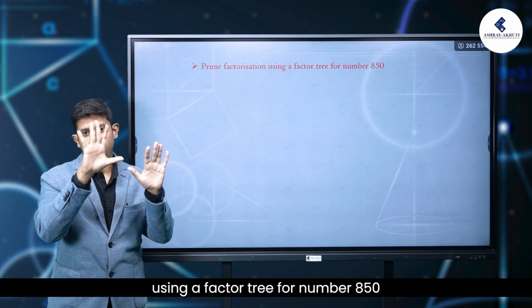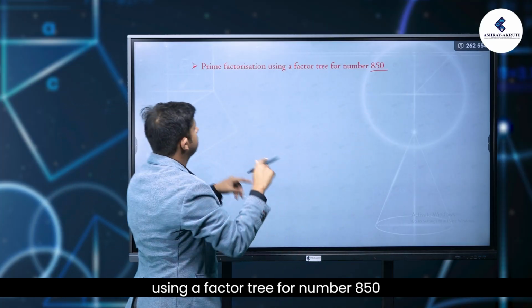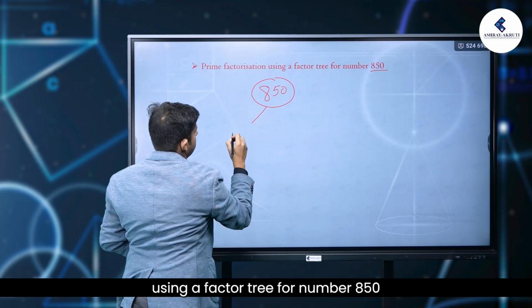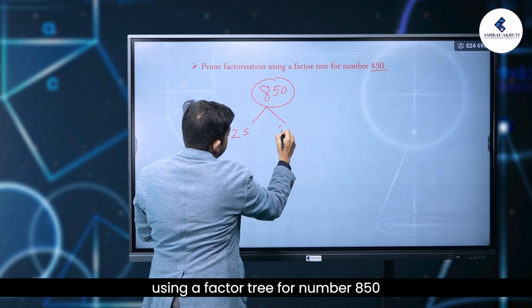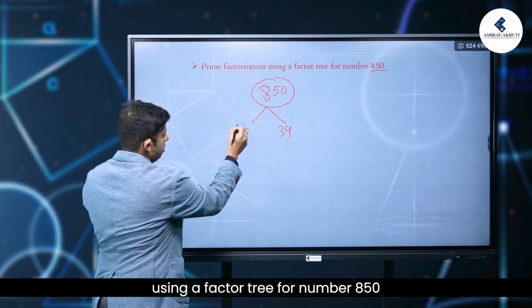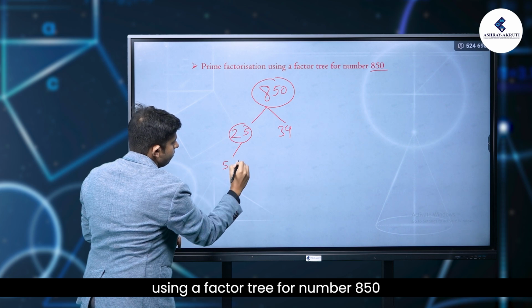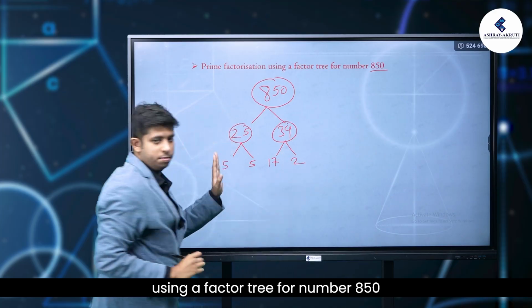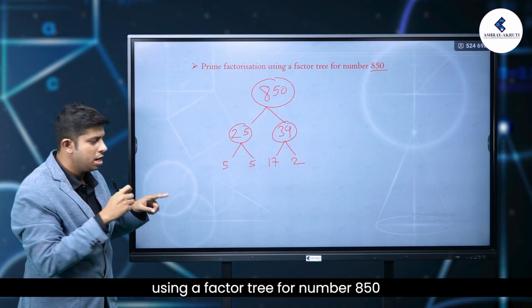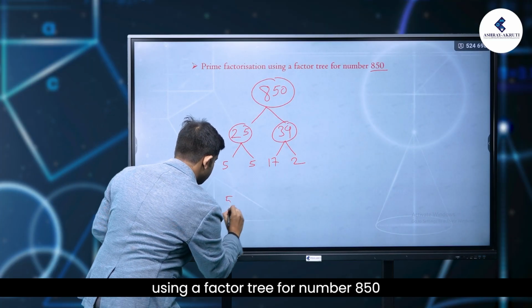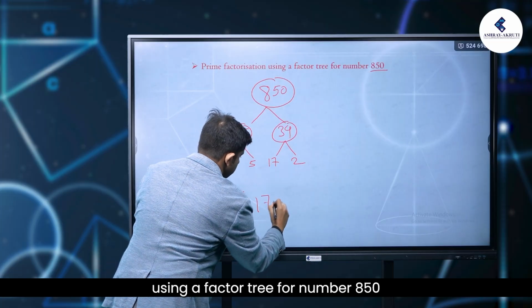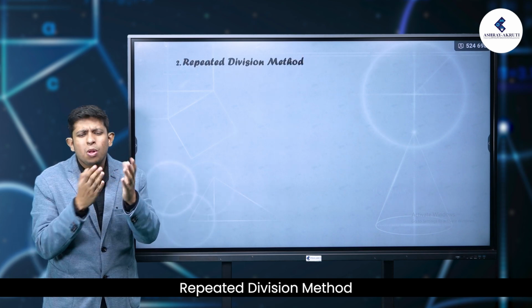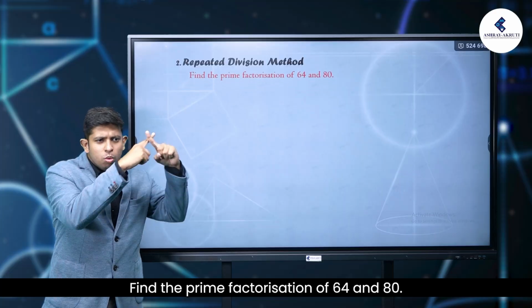Prime factorization using a factor tree for number 850. Repeated division method. Find the prime factorization of 64 and 80.